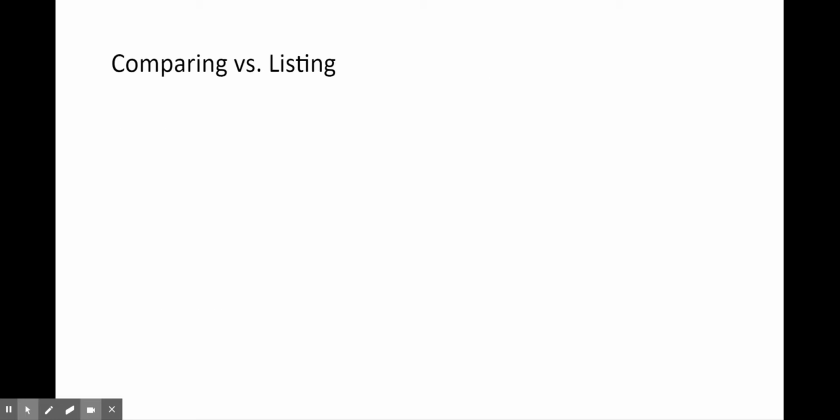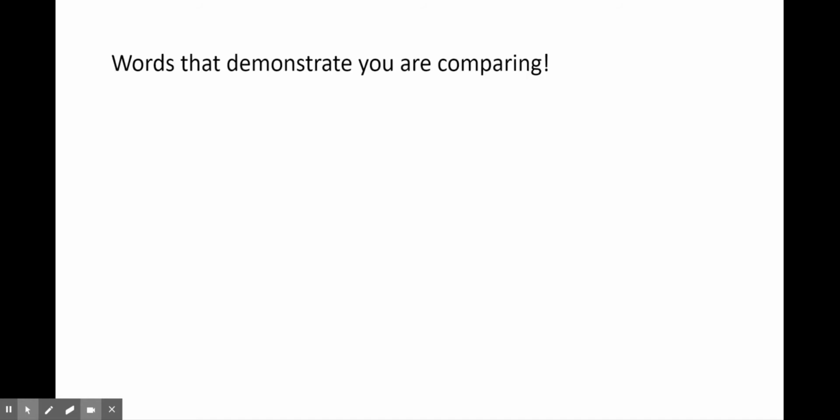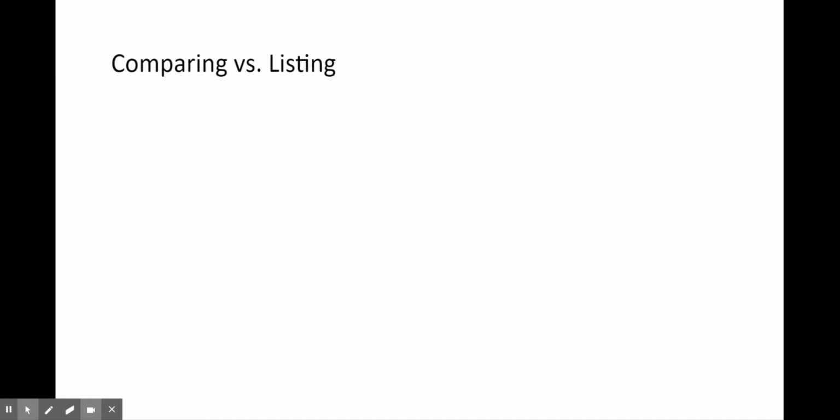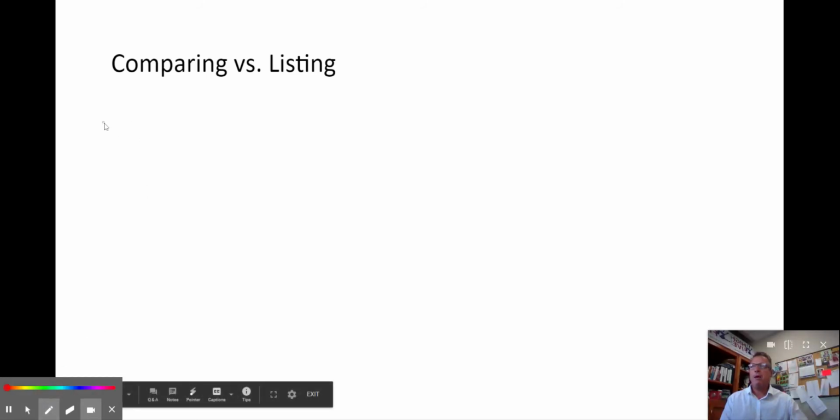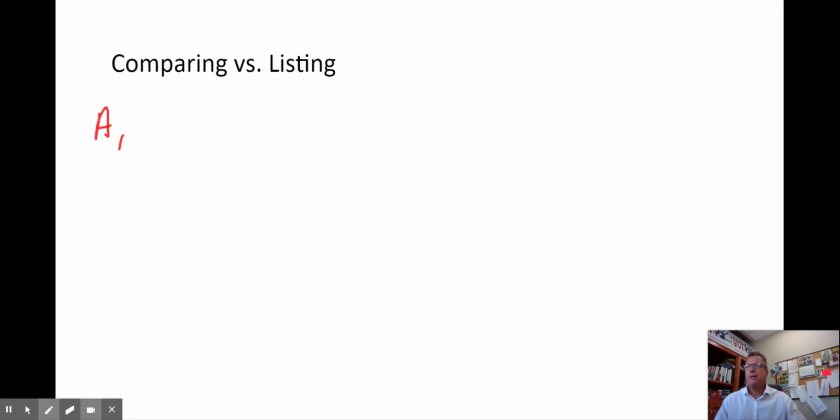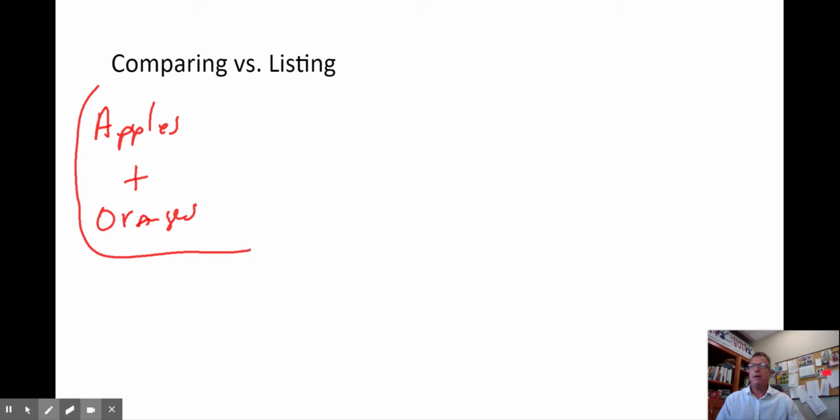Also, comparing versus listing. This is where some kids try to get out of comparing. Comparing is when they try to get into the world of just listing. And this is what I mean by that. So let's pretend that we're going to compare, I don't know, let's compare apples to oranges. If we compare apples and oranges, and we talk about them similarly, then we're in the same paragraph.